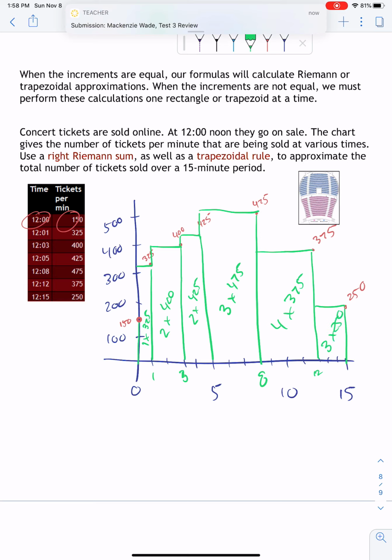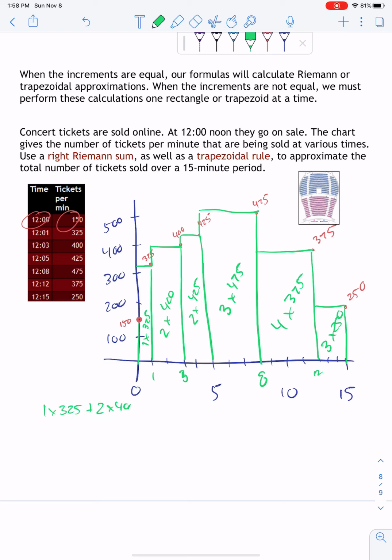So when I add these together, I'm adding all of these rectangles. I'm taking 1 times 325 and adding 2 times 400, and then I'm adding 2 times 425 and adding 3 times 475, plus 4 times 375, plus 3 times 250.